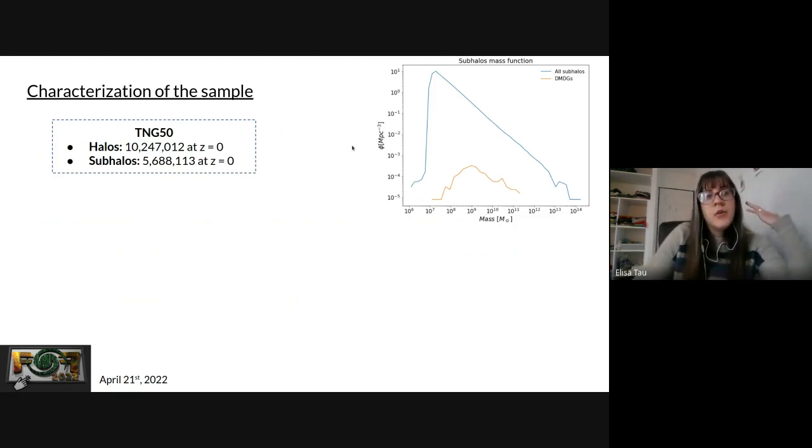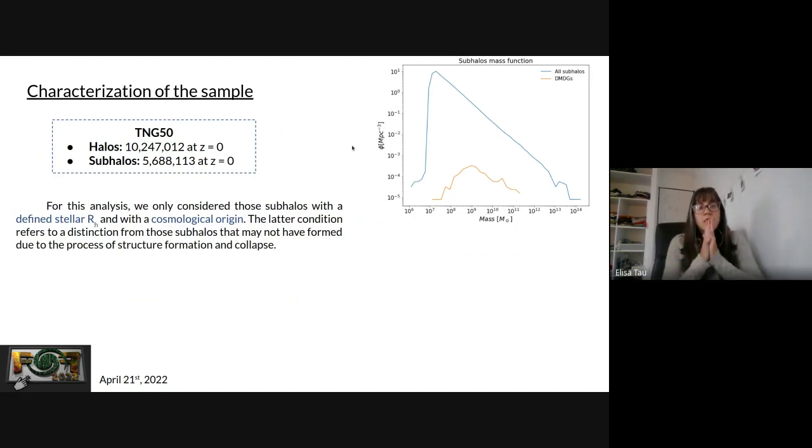For this work, we considered the following criteria. We used the subhalos that have a defined stellar half-mass radius, because we wanted, on one side, to study the matter inside this radius and twice this radius.